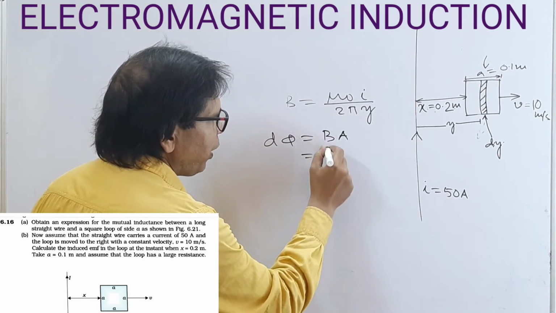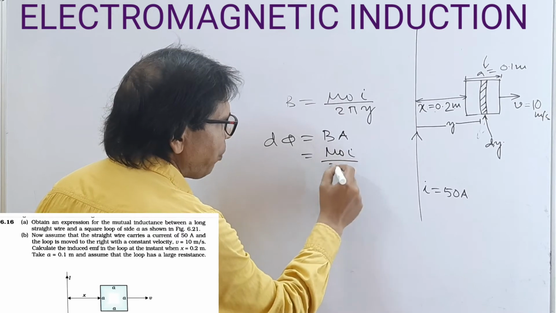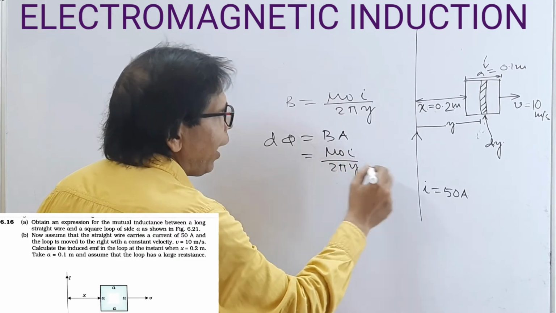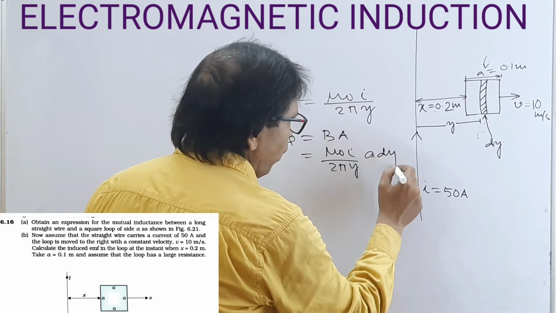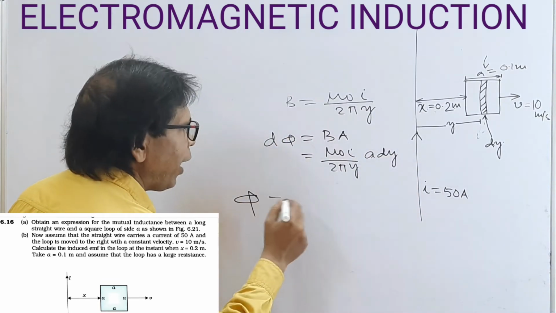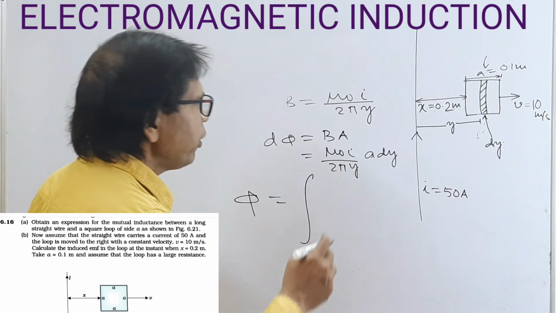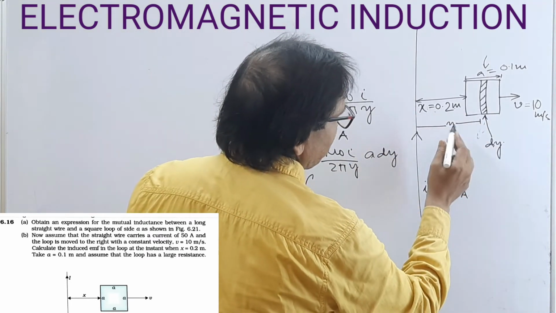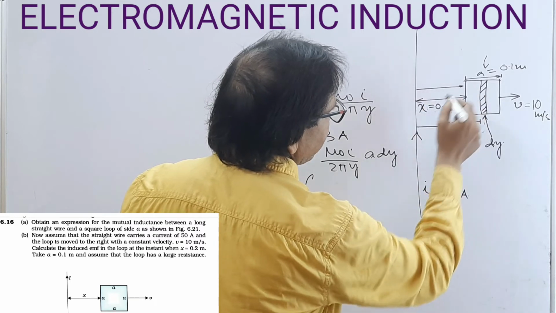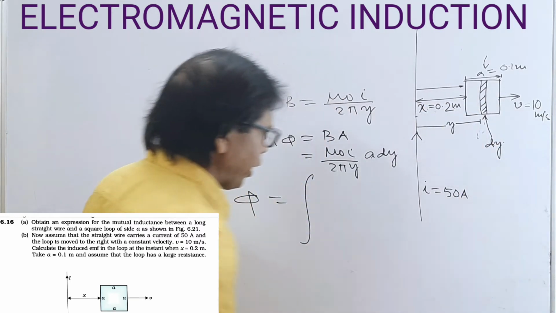Now B equals mu naught I divided by 2 pi y and the area of this strip is a into dy. So the flux phi equals the integration with lower limit x and upper limit x plus a. This is x and from this to this is x plus a.